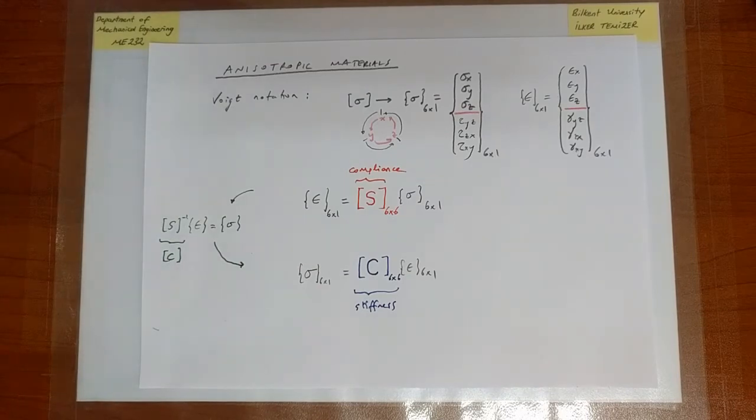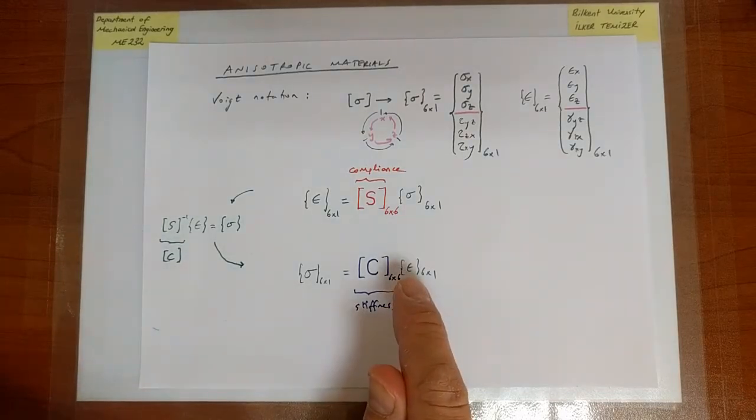Okay, so we have these matrices, stiffness and compliance. Now, whenever you want to work with an anisotropic material, it turns out it has a 6x6 matrix that should be provided to you explicitly, and that matrix can be either C or S, depending on what you would like to do.